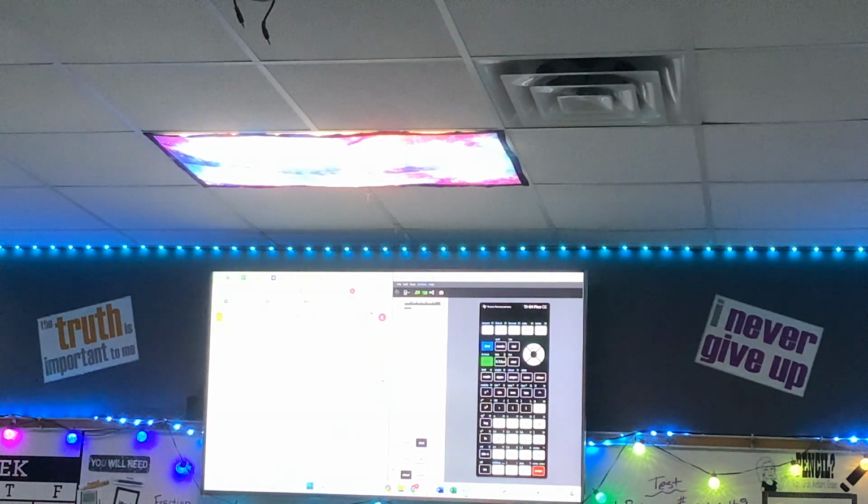Okay, so we are going to hit the square root of 16 over 2. So I am going to hit alpha y equal into alpha y equal enter. I'm going to hit blue, x squared, 16, scroll down and hit 2.